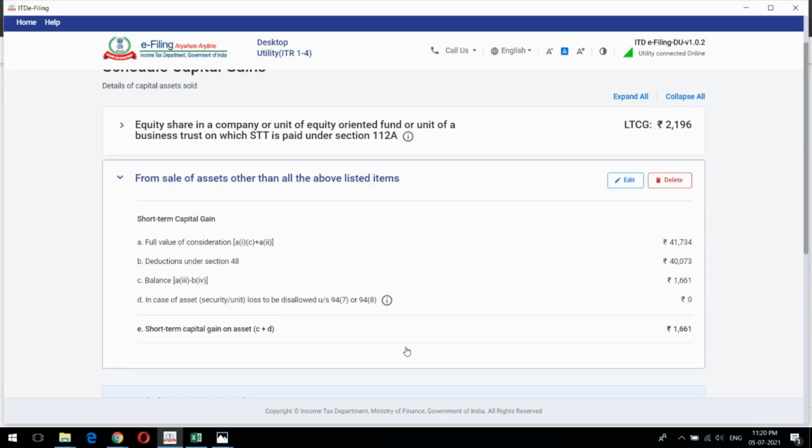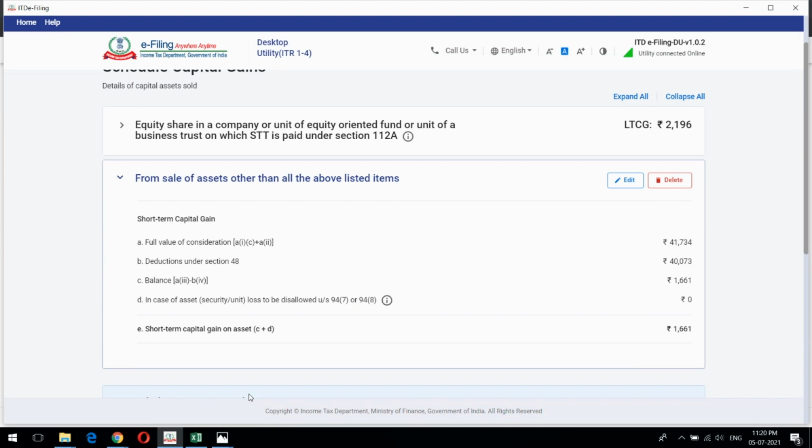Now you have to open your capital gain statement. Usually you can get it from CAMS, Karvy or Franklin, depending on where you are invested. For demonstration purposes, I have randomly opened one capital gain statement downloaded from CAMS.